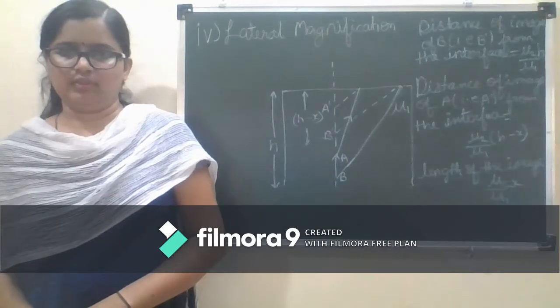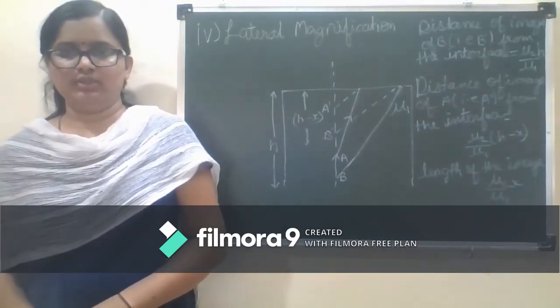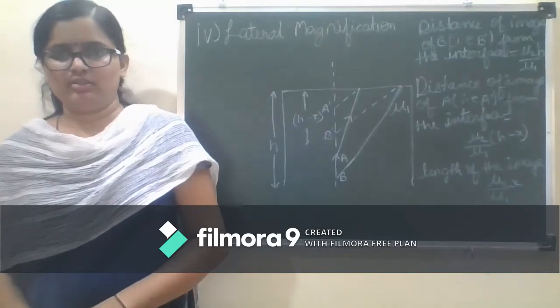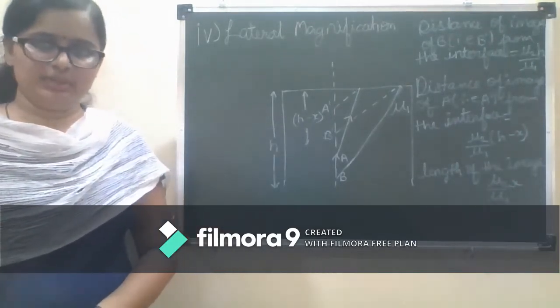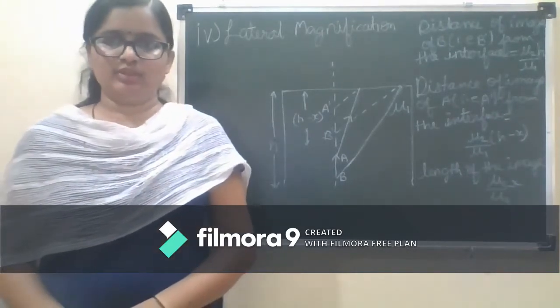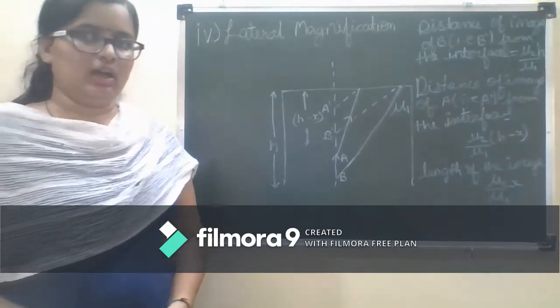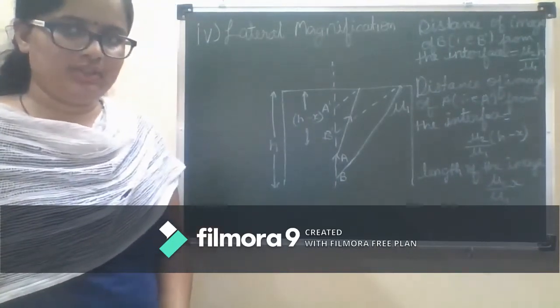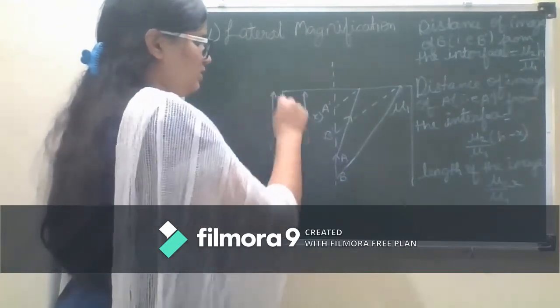What will happen if the object is in the denser medium and the observer is in the rarer medium? Again I will repeat. Then after that, the magnification. In this case, consider a plane.